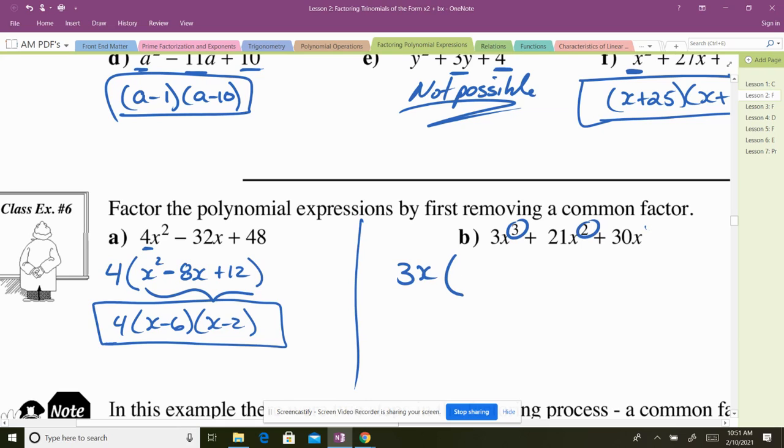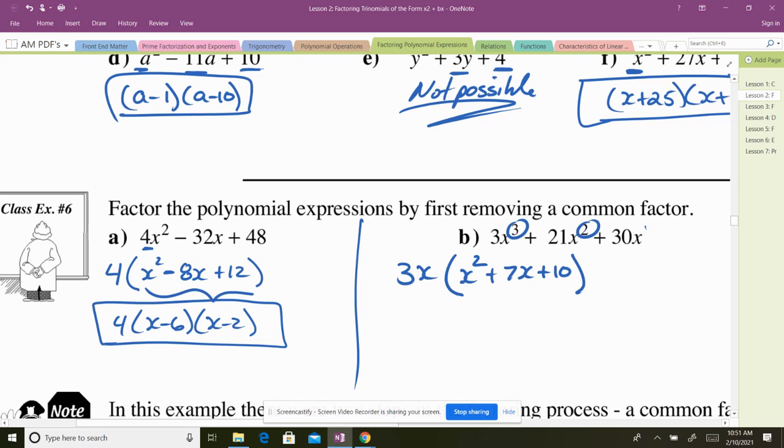What's left on the inside now? If you divide 3x cubed by 3x, you're going to get x squared plus what? Plus 7x plus 10. Are you done?